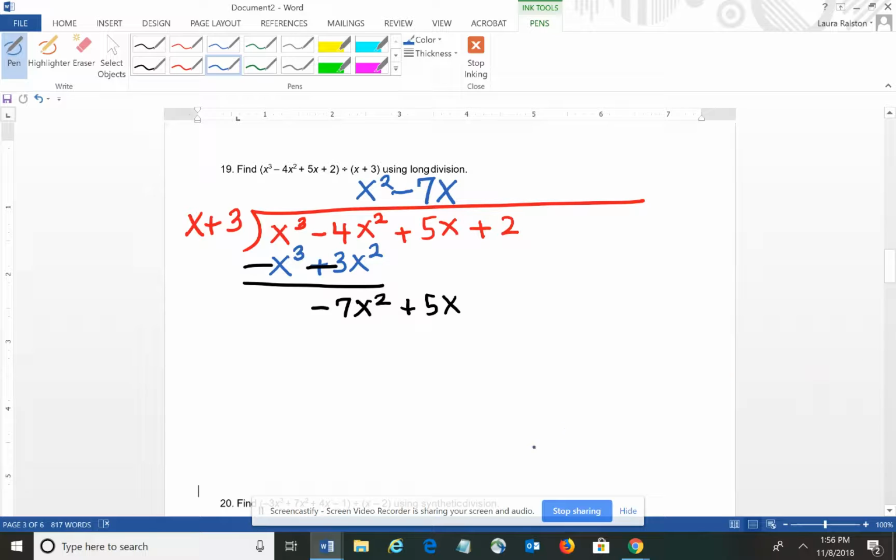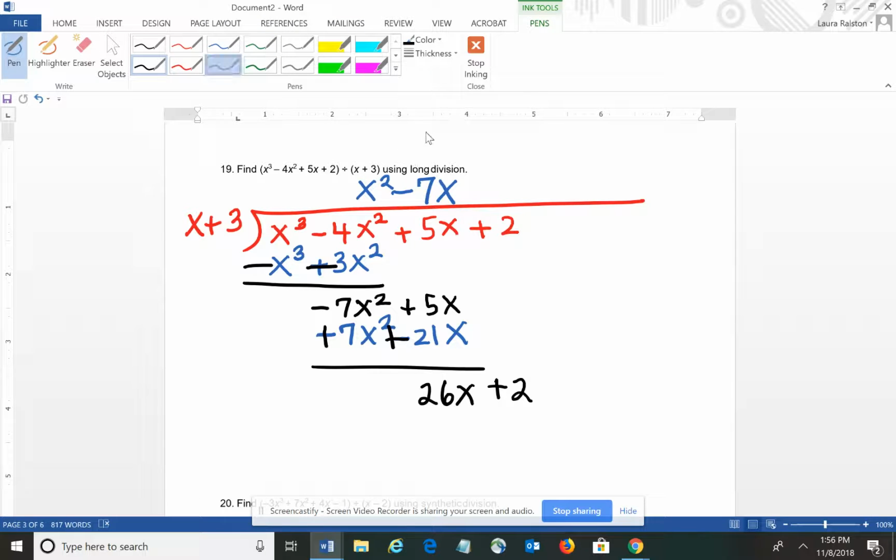So negative 7x times x is negative 7x squared. Negative 7x times positive 3 is negative 21x. Again, draw the line and change the signs. Plus 5x plus 21x gives me 26x. Minus 7x squared plus 7x squared is 0, which is what I needed to happen. And then we bring down the next term.